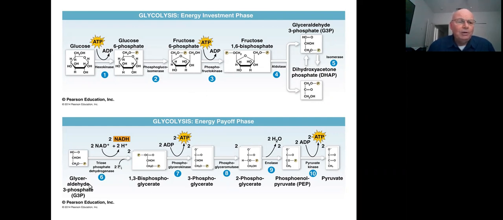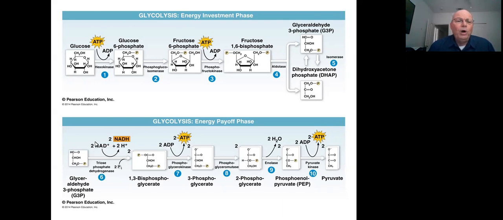So as we follow along here in the energy releasing part of glycolysis, the energy payoff, we need to remember that while we are only showing a single G3P and a single molecule throughout all of this, we're doubling down on all of this, because the DHAP is converted to a second G3P that is also processed.